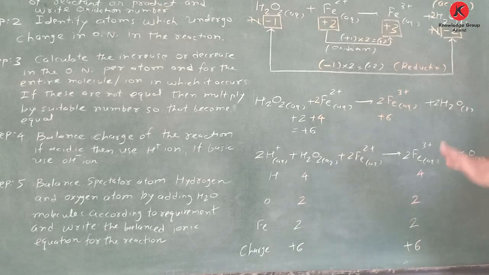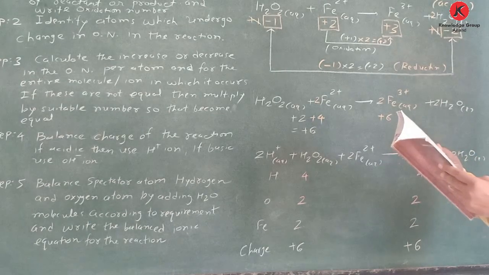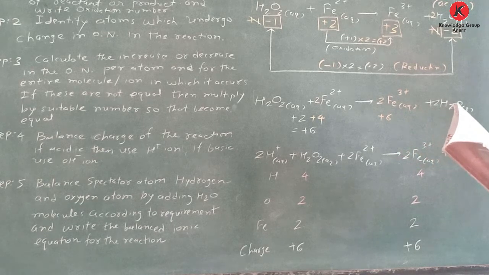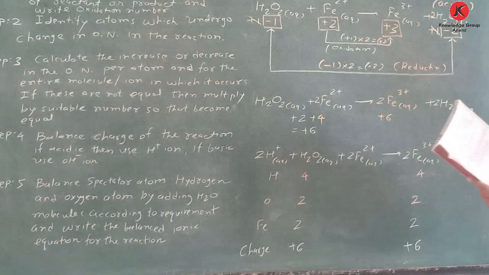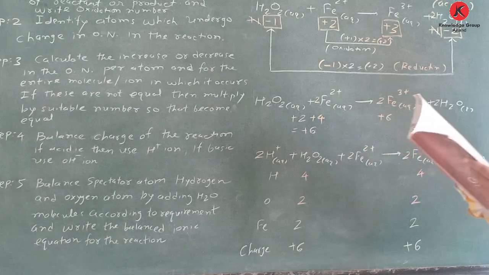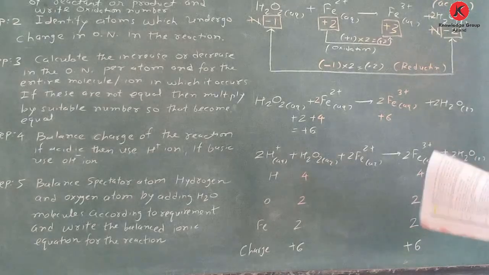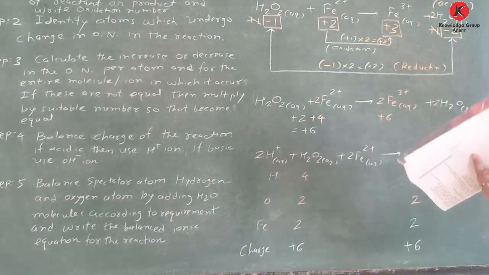I give one homework regarding this particular exercise. This exercise contains, in a basic medium, MnO4 minus plus I minus, which gives MnO2 solid plus I2 solid in basic medium. This is your homework. 8.18 C is over.